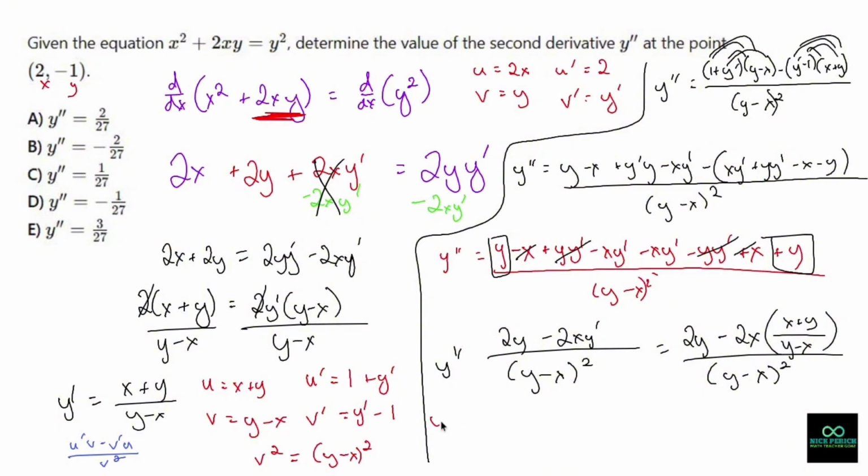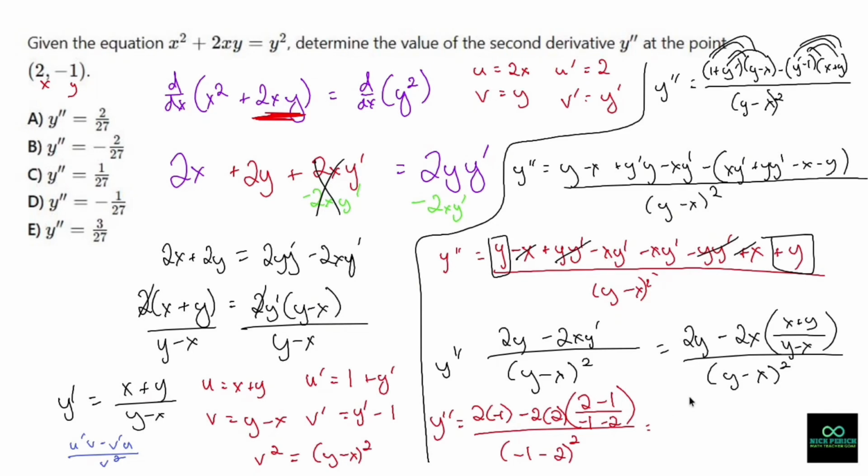All right, so y double prime at that point is going to be 2 times negative 1 minus 2 times 2, parentheses, 2 plus negative 1 over negative 1 minus 2, all over negative 1 minus 2 squared.